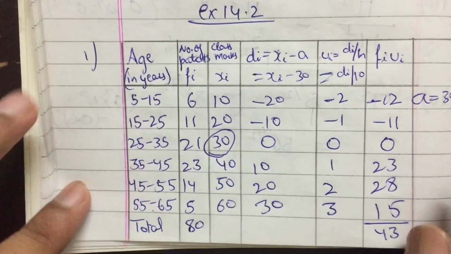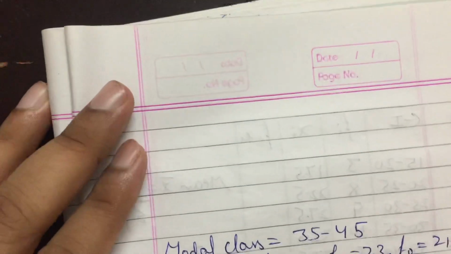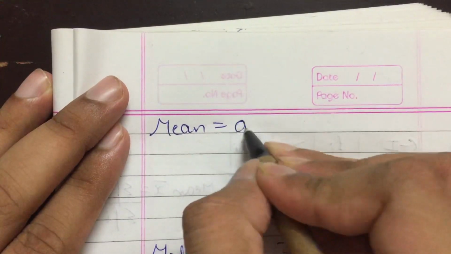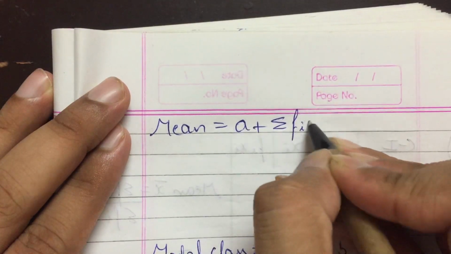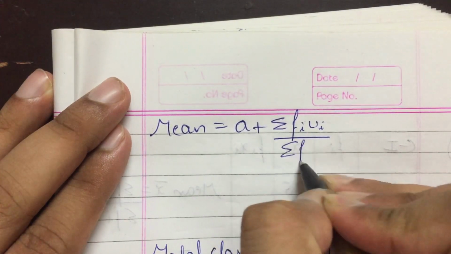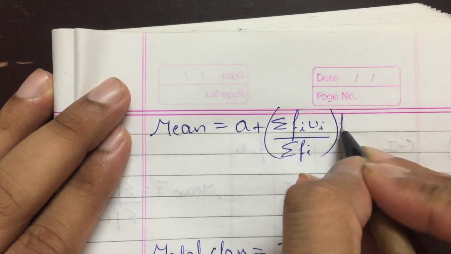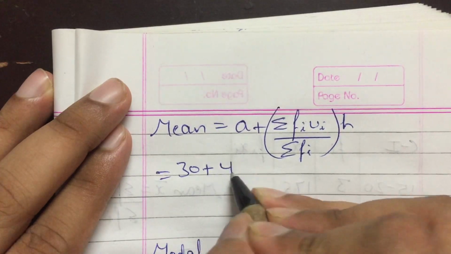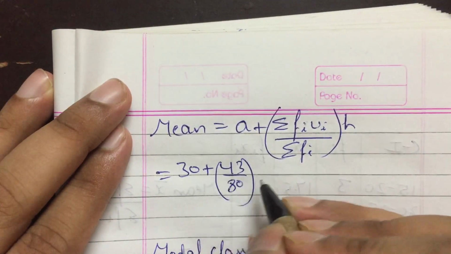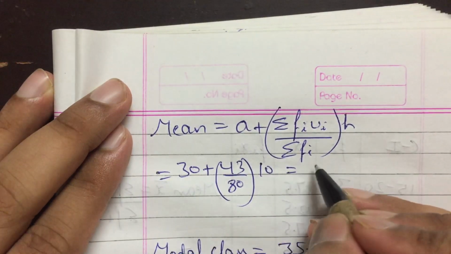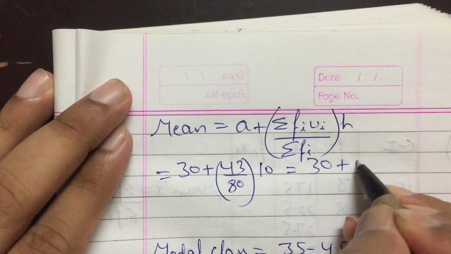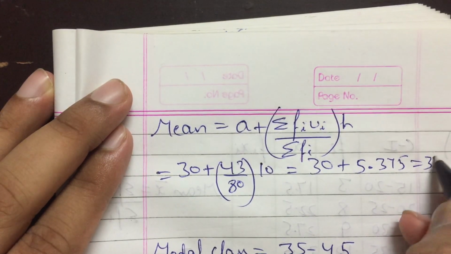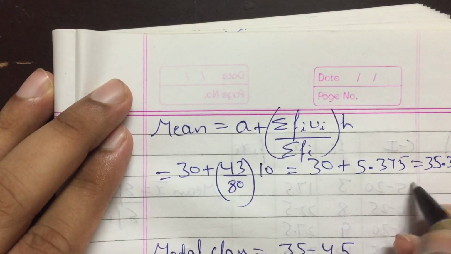Now the formula for the mean by step deviation is: mean is equal to a plus (sigma fiui upon sigma fi) multiplied by h. So a is 30 plus 43 upon 80 multiplied by h, which is 10. Or we can say this is 30 plus 5.375, which is equal to 35.375. So this is the mean.